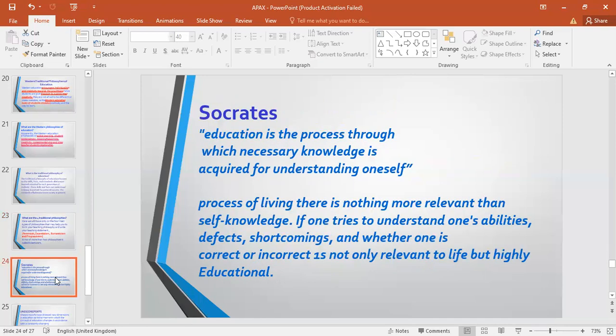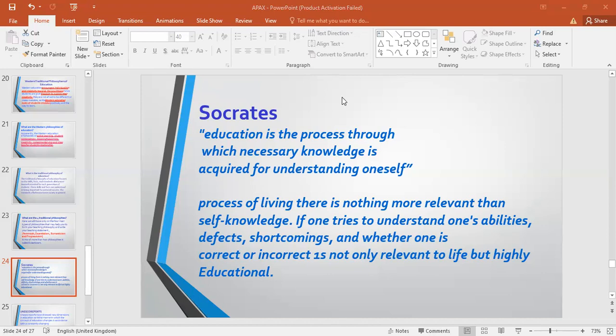Okay, right. Shall we read this? There are so many philosophers in philosophy. Okay, then he is one of the philosophers. Shall we read? Yes, ma'am, I will read that. Socrates: education is the process through which necessary knowledge is acquired for understanding oneself.